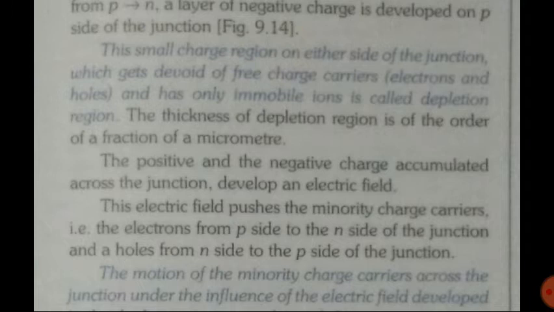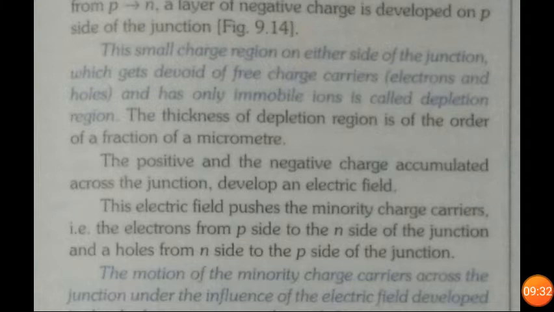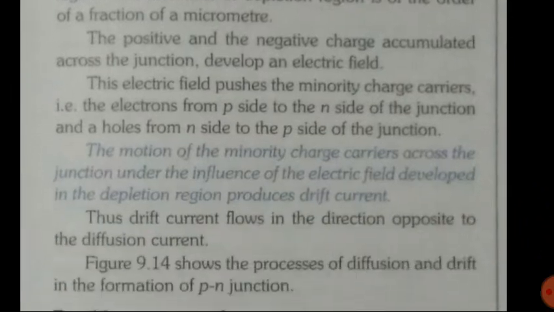When electrons and holes diffuse into each other, neutral particles are created. These neutral particles are immobile, they cannot move themselves, and they don't allow other particles to move, so it is called the depletion region. The thickness of the depletion region is of the order of a fraction of a micrometer only.